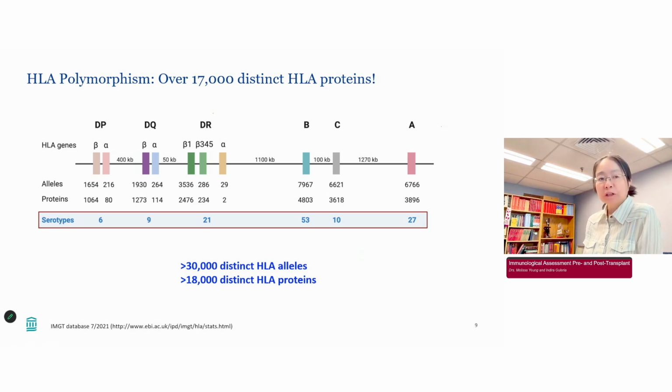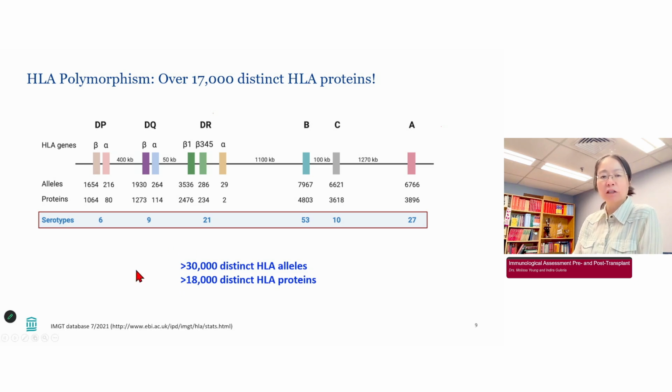Okay, so as I mentioned, HLA is extremely polymorphic, right? If you look at the number of HLA alleles that we've characterized now, it's more than 30,000 distinct HLA alleles, leading to over 18,000 distinct HLA proteins that are expressed amongst the total human population.